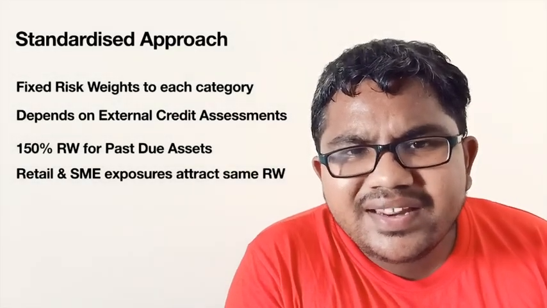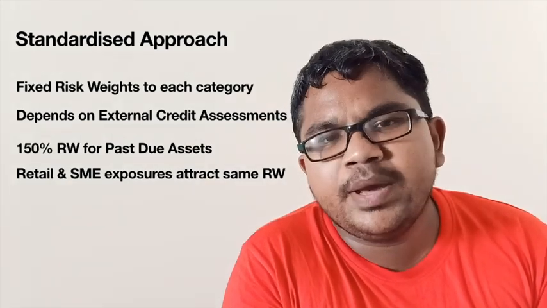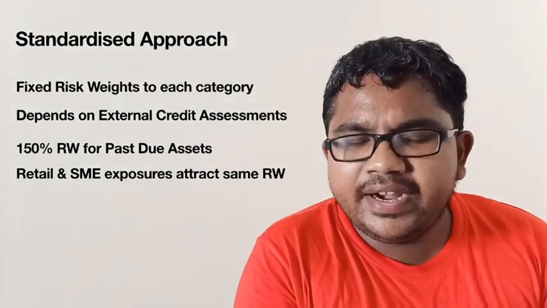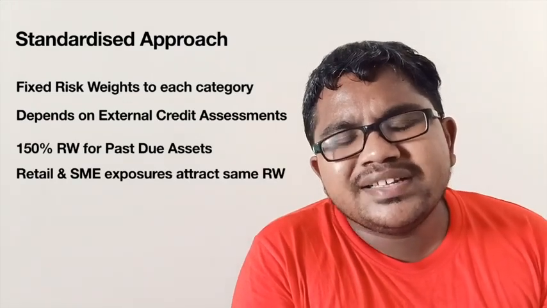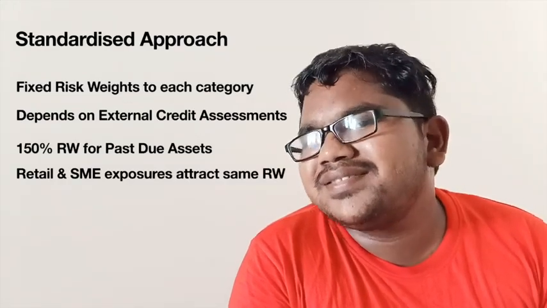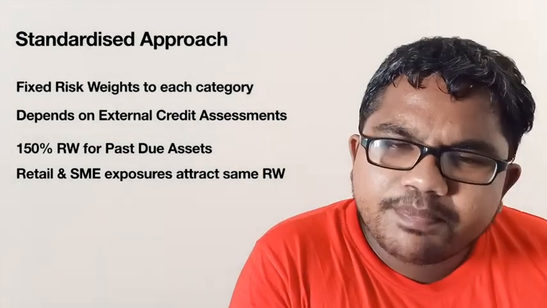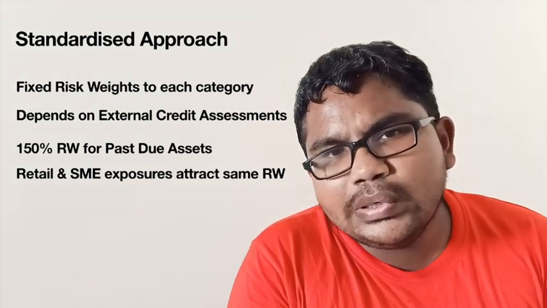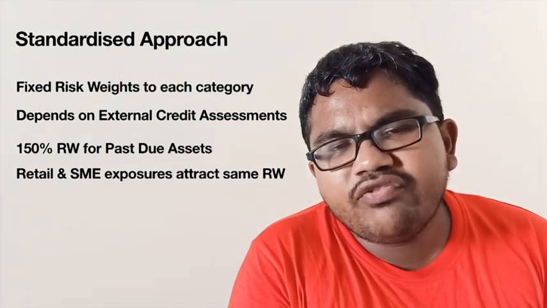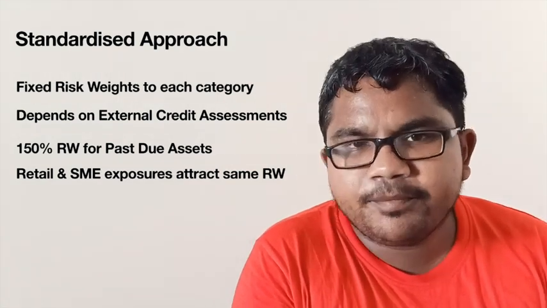Here, if the rating is good, then the risk weight will be very low under the standardized approach. And under the standardized approach, the risk weight for cash balances is 0. The risk weight for housing loans below 25 lakhs is 75% only.